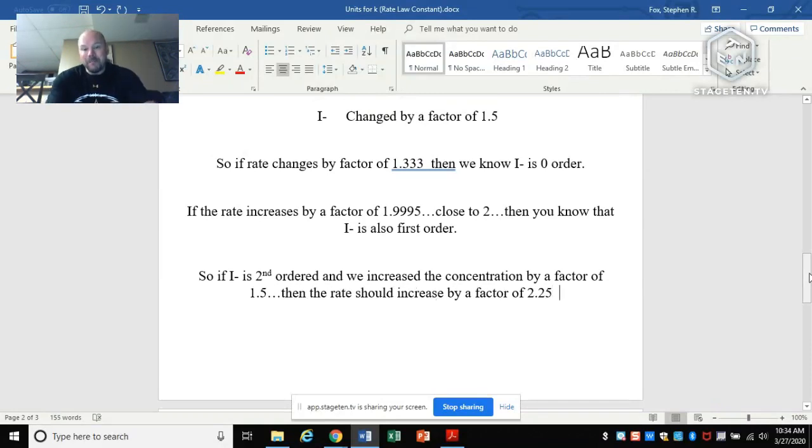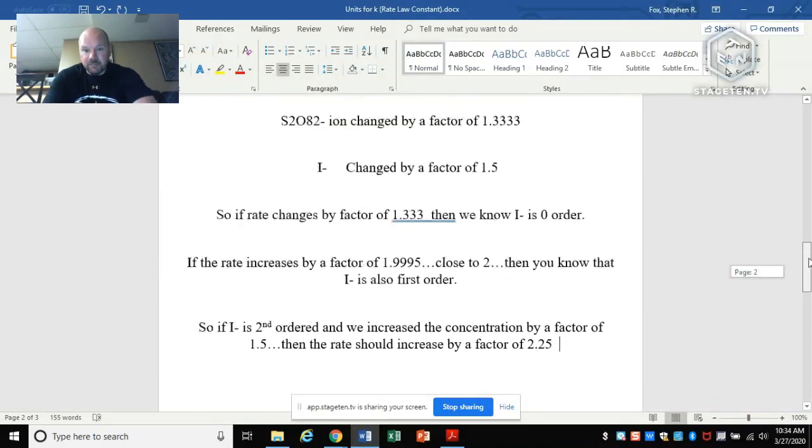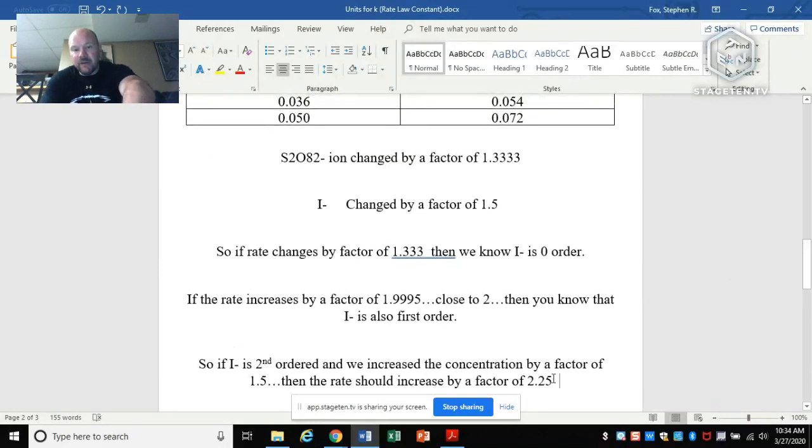But for this problem, it would be 2.25 times 1.33, because we also changed the concentration of this first order reactant.